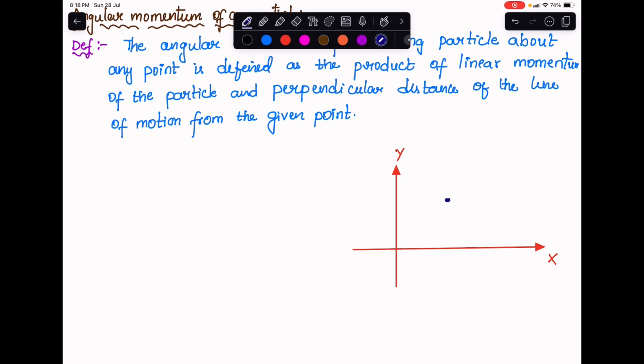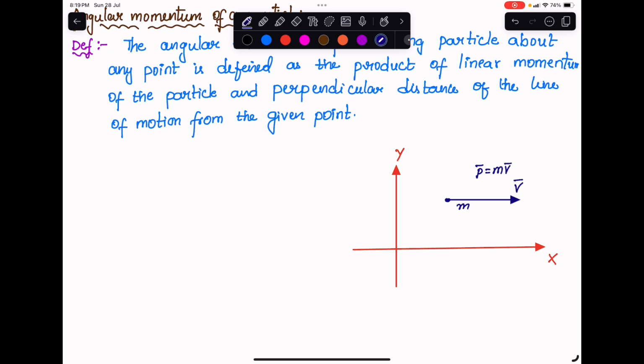So let me suppose this is a particle, and this is the direction of the motion of this particle. Let me suppose it is moving with a velocity v bar and has a mass m. So its momentum is given by m v bar.